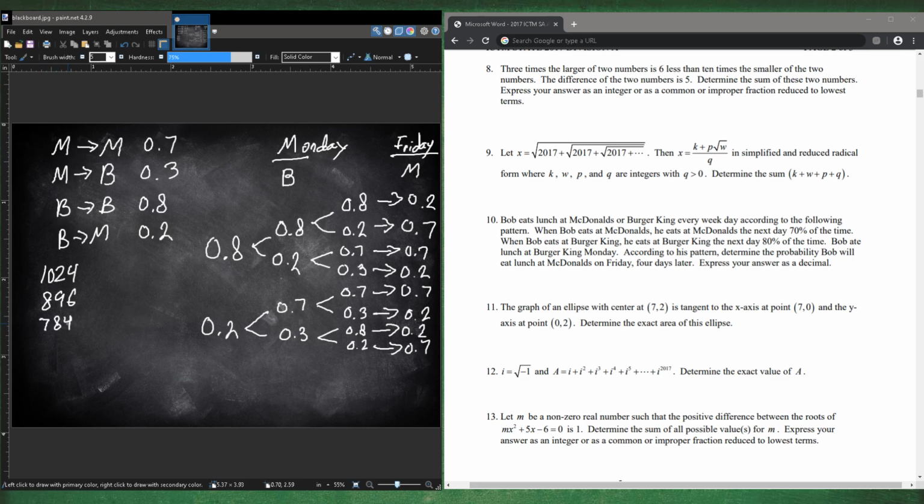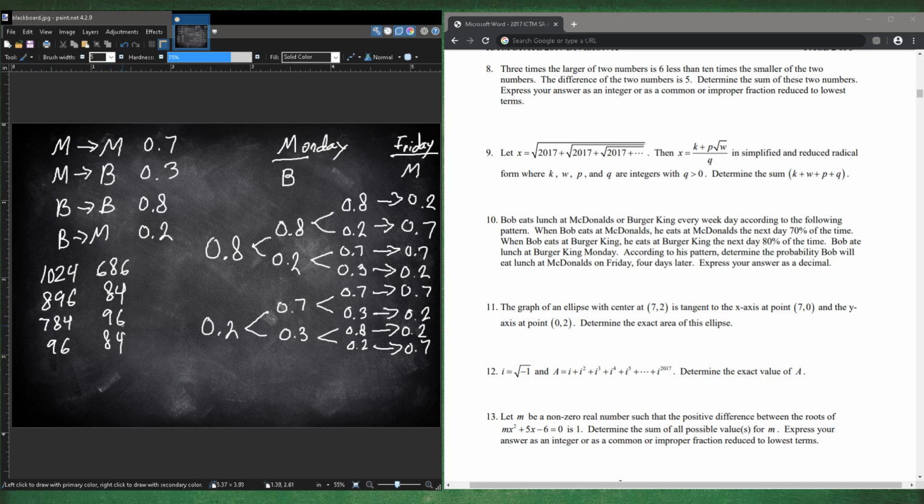And 8 times 2 times 3 times 2, which is 96. 2 times 7 times 7 times 7, 686. 2 times 7 times 3 times 2, which is 84. And 2 times 3 times 8 times 2, which is 96. And 2 times 3 times 2 times 7, which is 84.